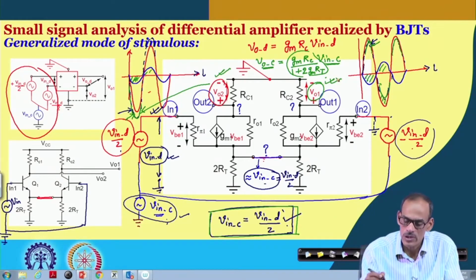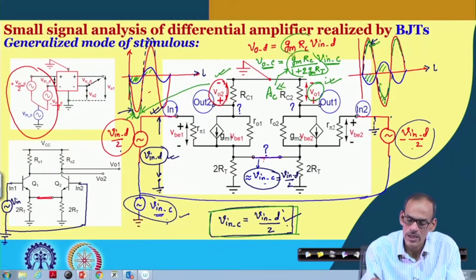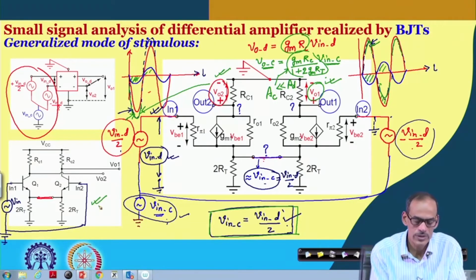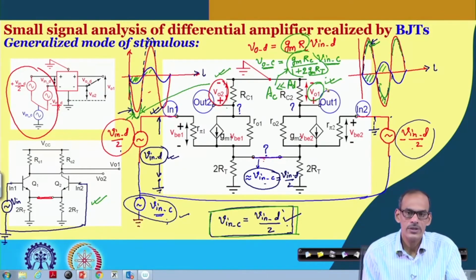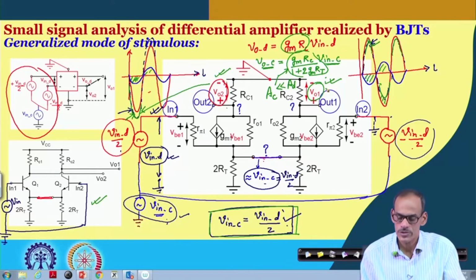So, based on the logic, if the common mode gain, this AC, is very small compared to this AD, then even if we stimulate the circuit in this pseudo differential form, the corresponding outputs are very close to a differential operation, and that is why it is referred to as pseudo differential mode of operation, right. And now we are in a position to go for the large signal analysis.